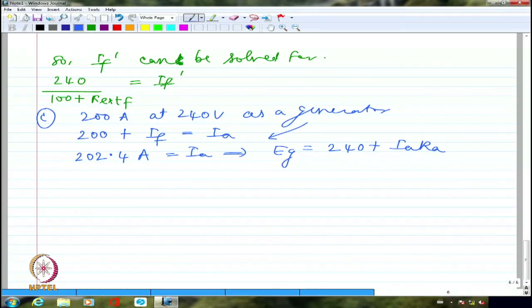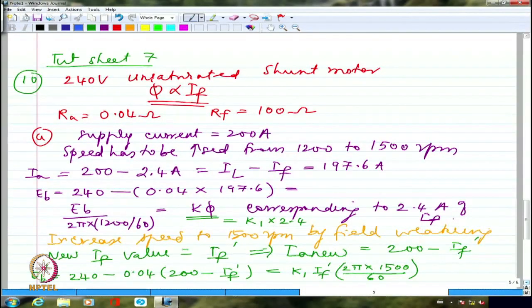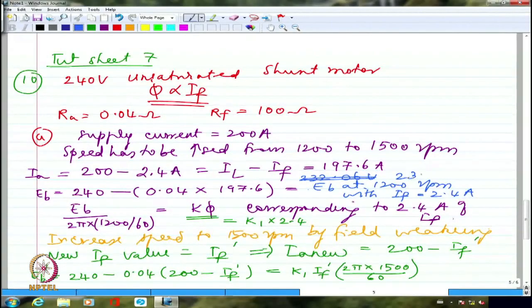We had calculated EB at 1200 RPM. This is what was EB at 1200 RPM with IF equal to 2.4 ampere. Now the speed is given as 1200 RPM, so I need to just use the ratio again. That's it. So how much was this? 232 something, 0.096. Okay, 232.1.